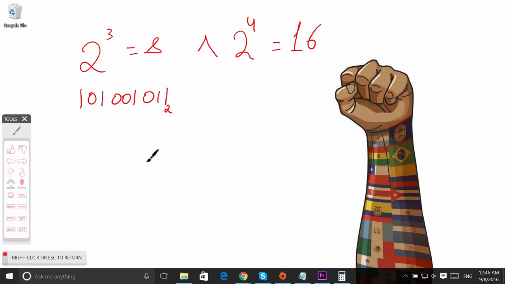Now because 2 to the power of 3 is equal to 8, I separate this binary number into 3 parts, each part containing 3 digits, like this. Of course, I'm going to start from right to left. We will get the following partition: 110, 100, and 101.